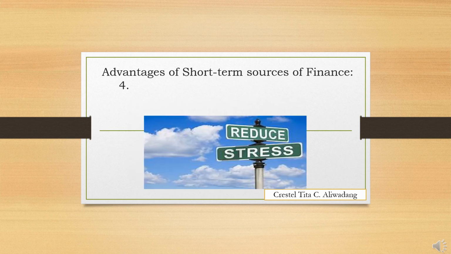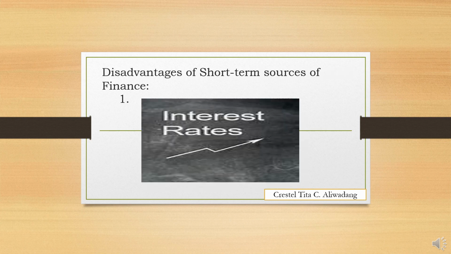And lastly, it offers flexibility and reduced stress. Short-term financing provides flexibility and reduces the stress of the firms. Now, firms can easily apply for these types of sources anytime without any stress because of less interest and easy availability.